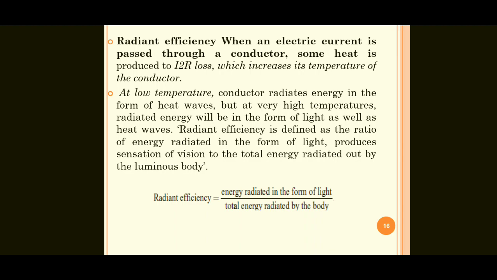Generally, motor efficiency means motor output by motor input. Similarly, for a bulb, radiant efficiency means the energy radiated in the form of light divided by the input, the total energy radiated by the body. That is the equation for radiant efficiency.